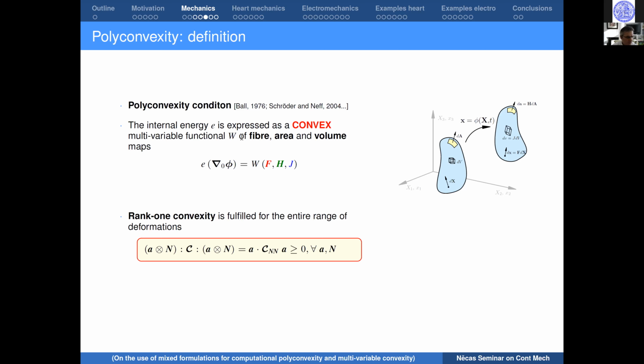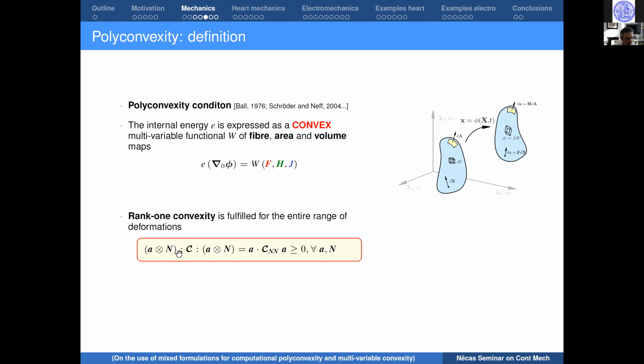But from the point of view of stability, which is something quite important from the computational point of view, particularly when using Newton-based methods, what you notice also is that polyconvexity implies rank 1 convexity, and in the case of sufficient regularity, ellipticity of the model, which is what features here.